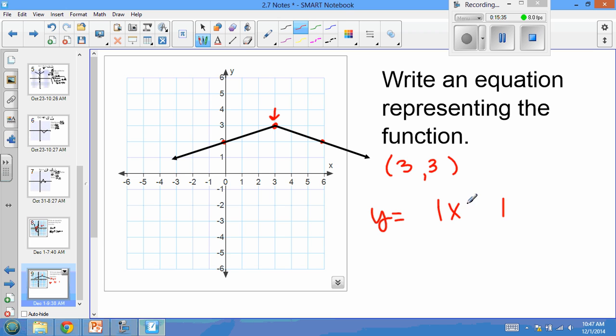Again, for the inside of your absolute value, you still want to use the opposite. Opposite of positive 3 is negative 3. Outside stays the same. And then for A, this is your slope. So what you did from your vertex to get to a point. So you went down 1, so negative 1, and right 3, so positive 3. So you went down 1 over 3.